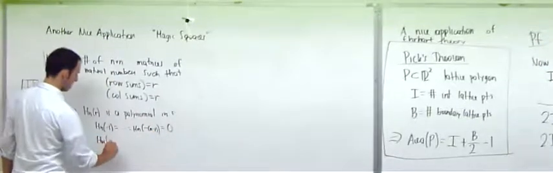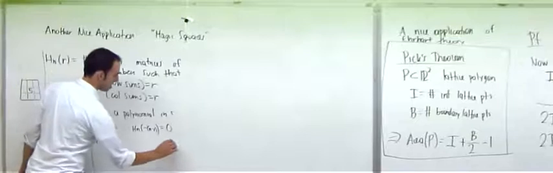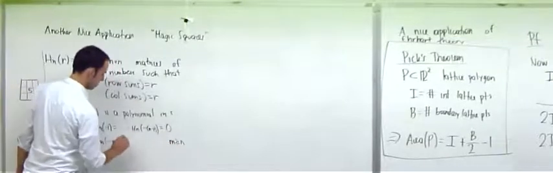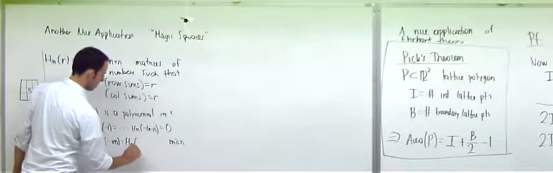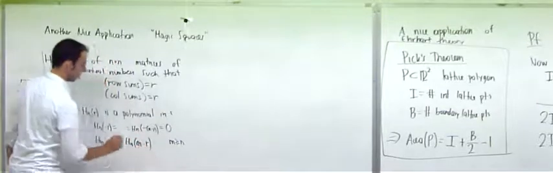And if you plug in -m for m bigger than or equal to n, then you're going to get Hn of m minus R.